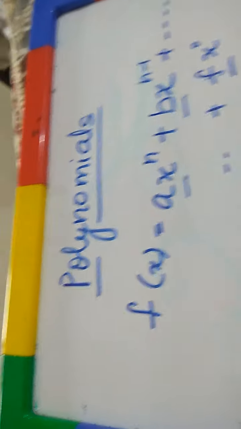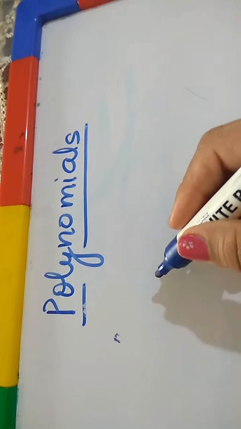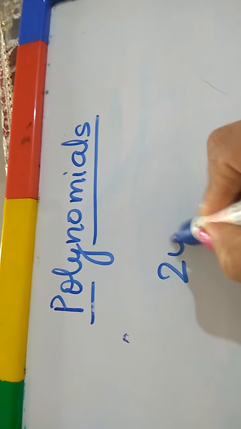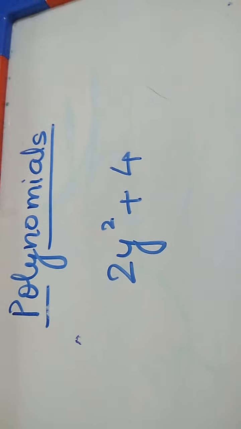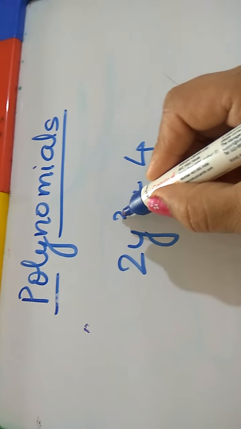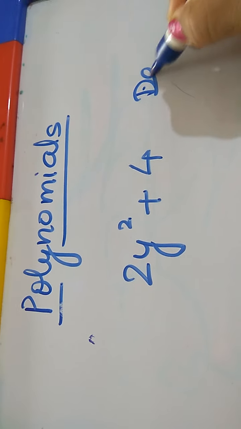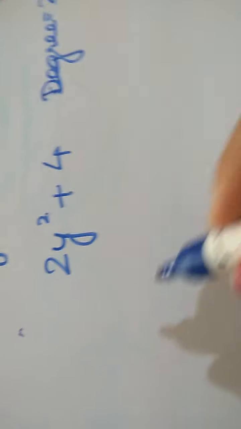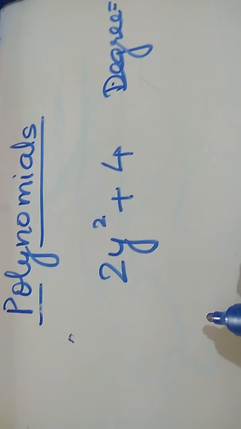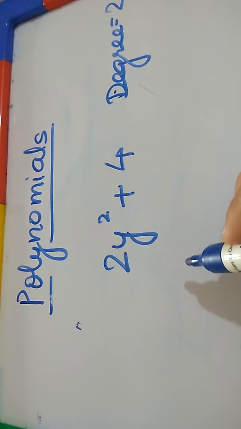Similarly, if I take other examples, if I take up a polynomial which can be written as 2y square plus 4, then degree of the polynomial is 2. I can take a polynomial with variable p.